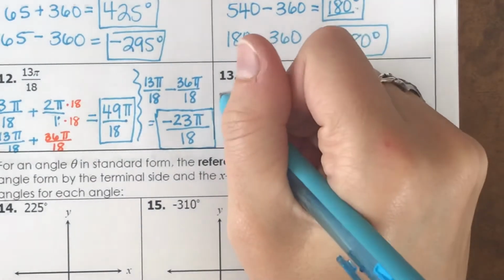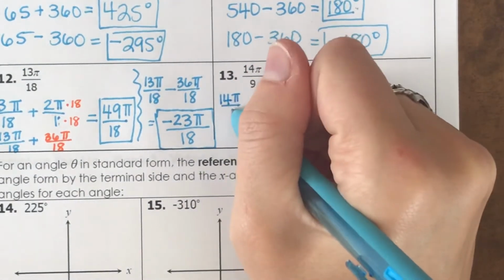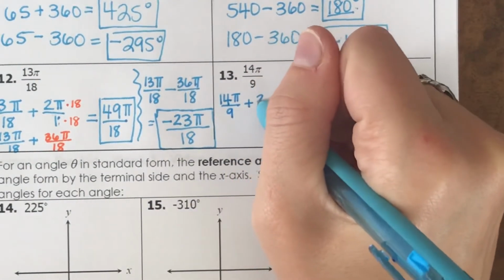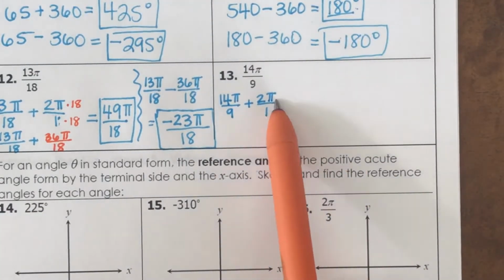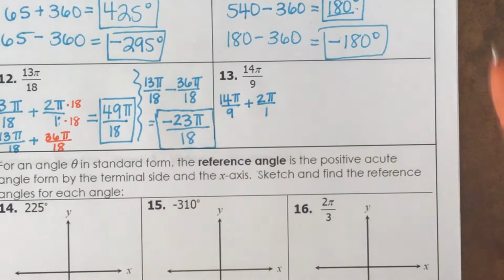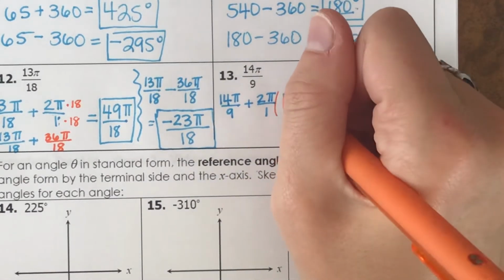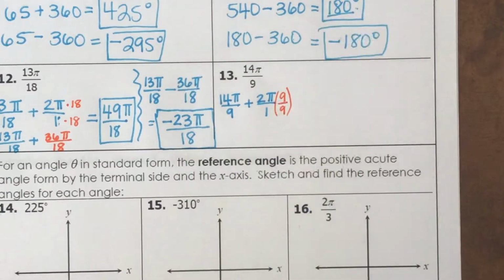So I've got 14 pi over 9, and I'm going to add 2 pi to it. Well, again, just like the last problem, these have different denominators, so I'm going to multiply this by 9 on the top and 9 on the bottom so I can have the same denominator.